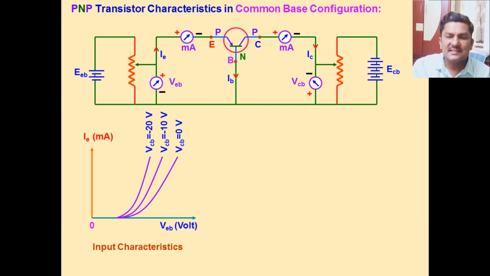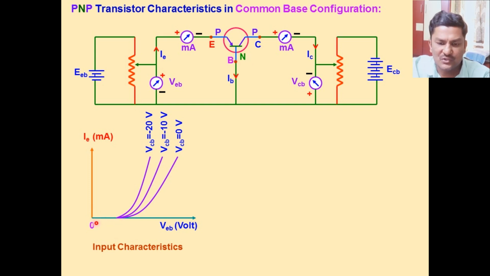In the first case, VCB, the voltage across collector and base, is kept at 0 volt, and the voltage between emitter and base gradually increases from 0 to 1 volt, and that range depends on the type of the transistor.